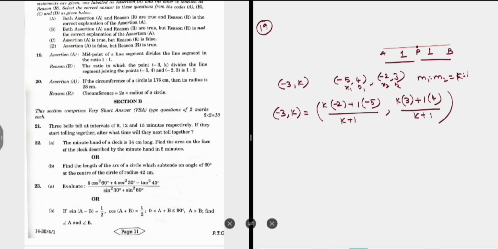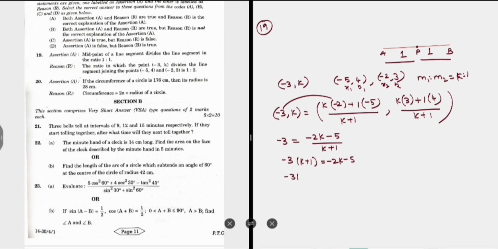Now by this we can write, the complete x part should be equated to minus 3. That is minus 3 is equal to minus 2k minus 5 by k plus 1. Now minus 3 into k plus 1 is equal to minus 2k minus 5.